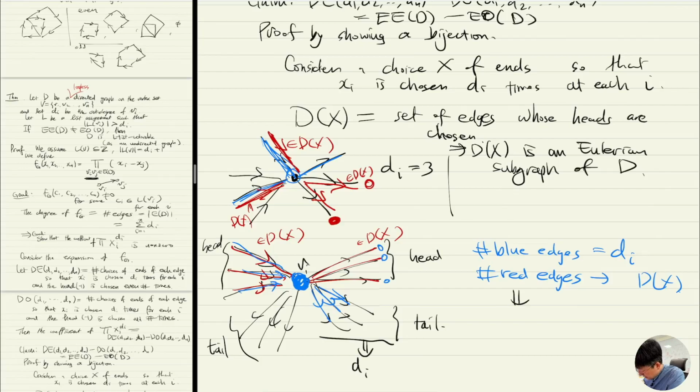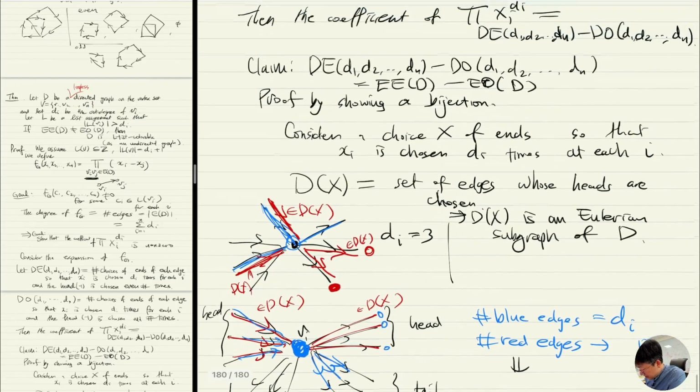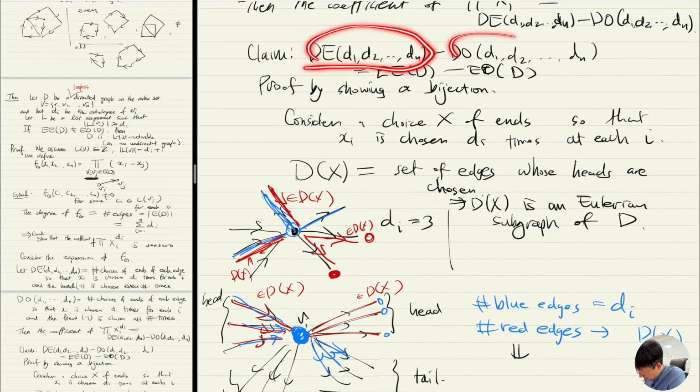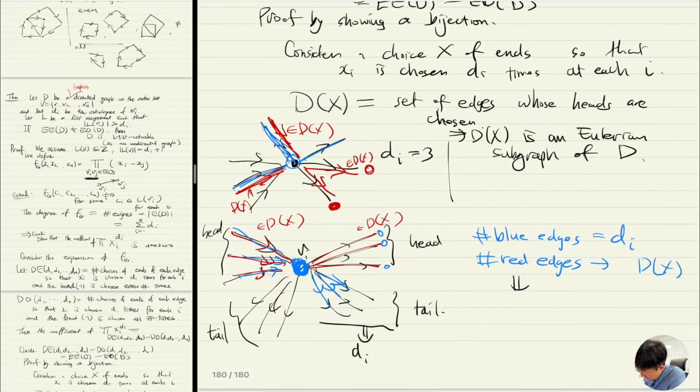But you see that the number of blue edges is equal to di, because that we chose by these constructions. So therefore the out degree of vi is equal to the in degree of vi.